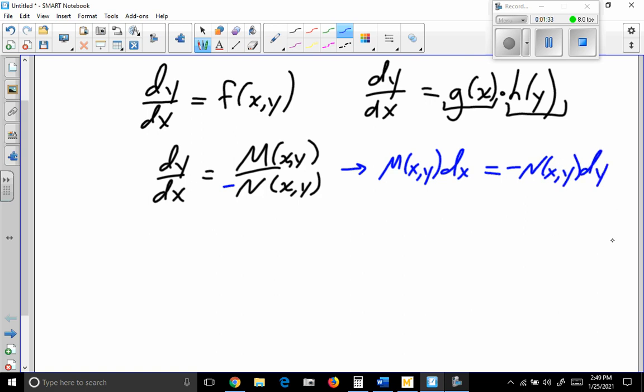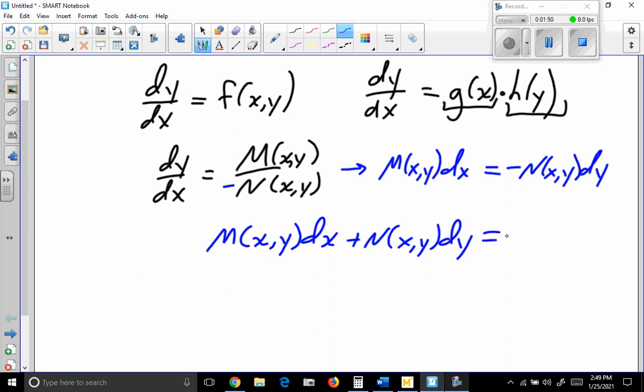dy. And if we moved all this to the other side, then one way that we could write any first order differential equation is some function of x y times dx plus some function of x and y times dy equals 0.